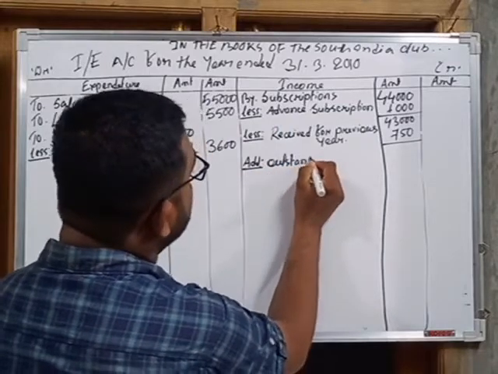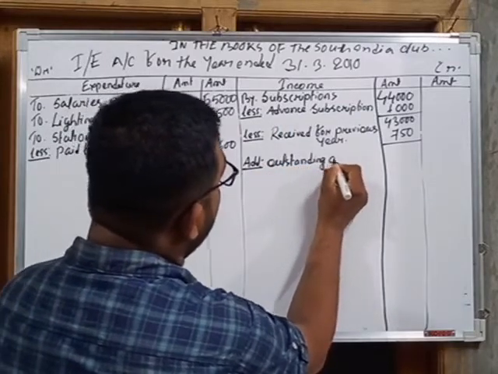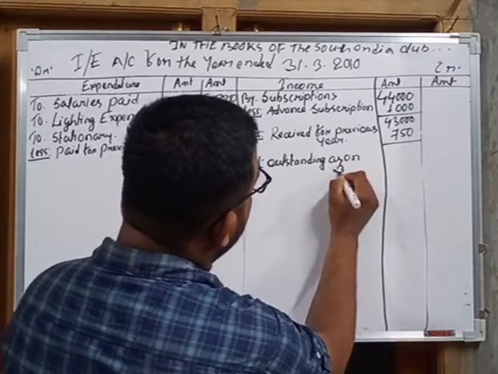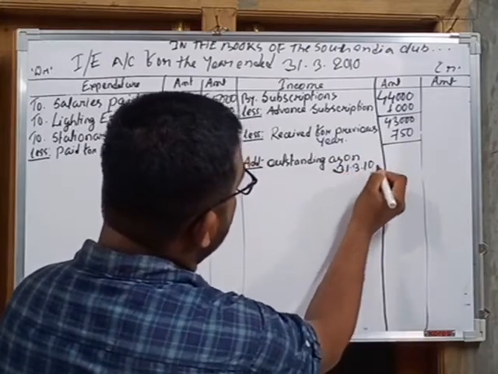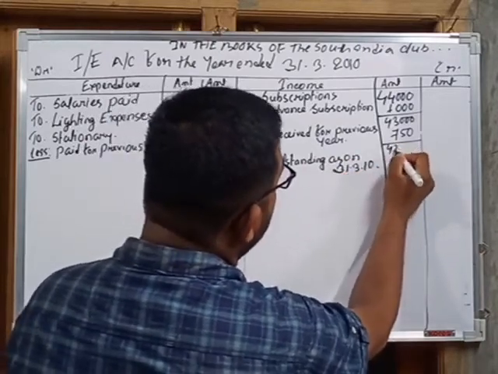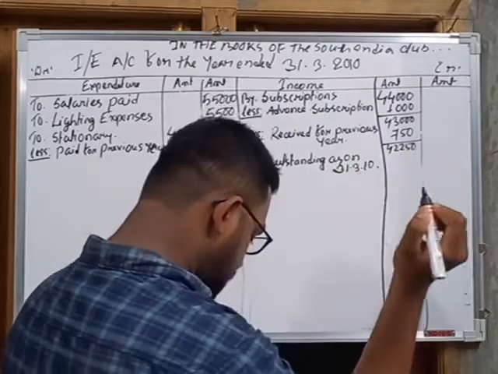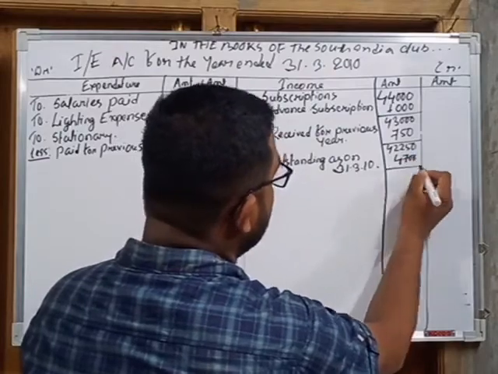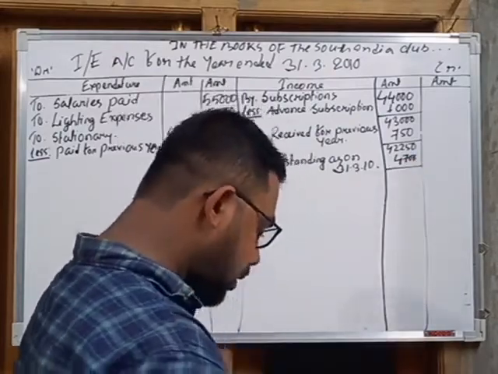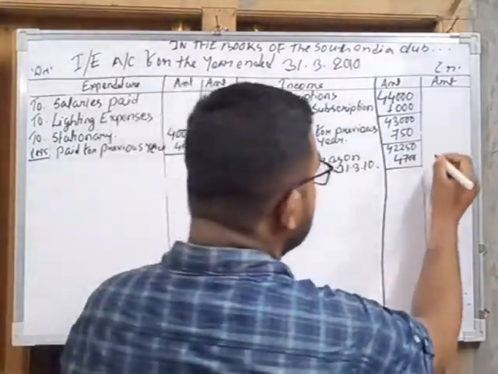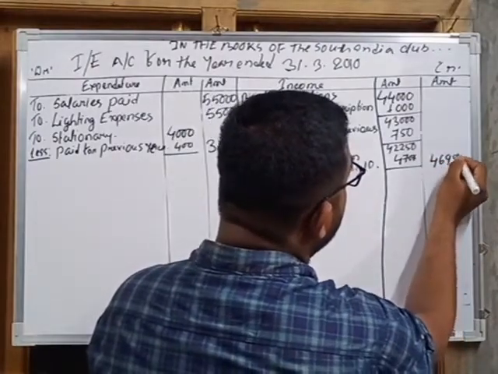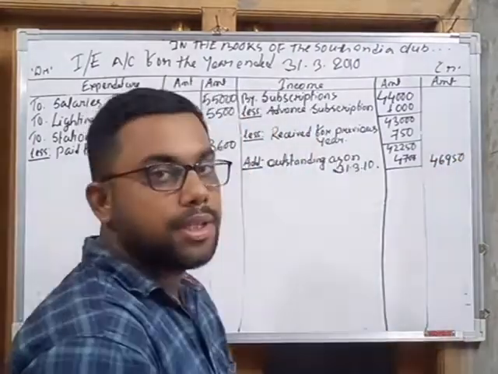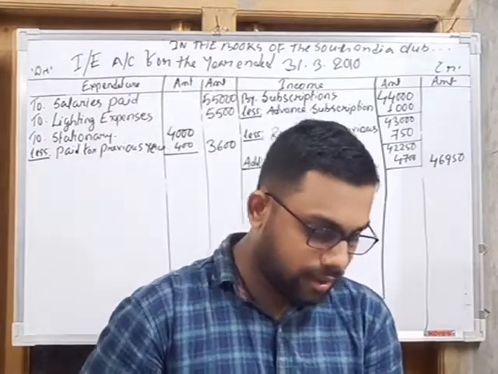Arrears mean outstanding. Outstanding as on 31st March 2010. Okay, 42,250 plus 4,700. So what is the amount? The amount is 46,950, the total amount of subscription income for the current accounting year.